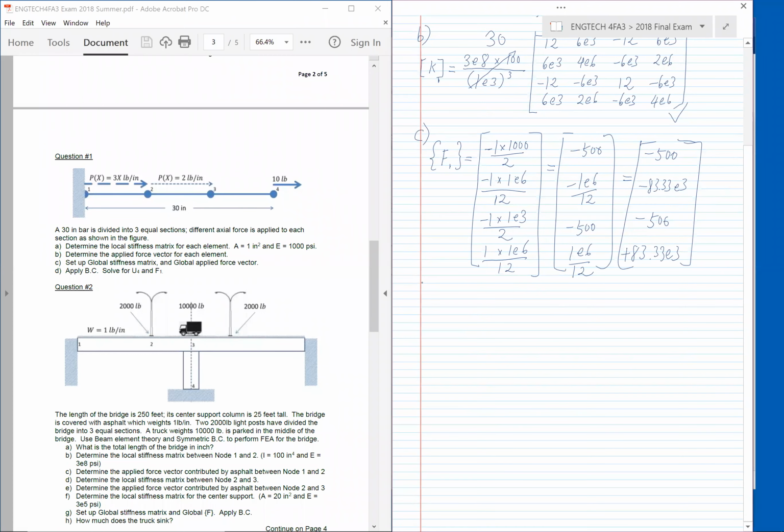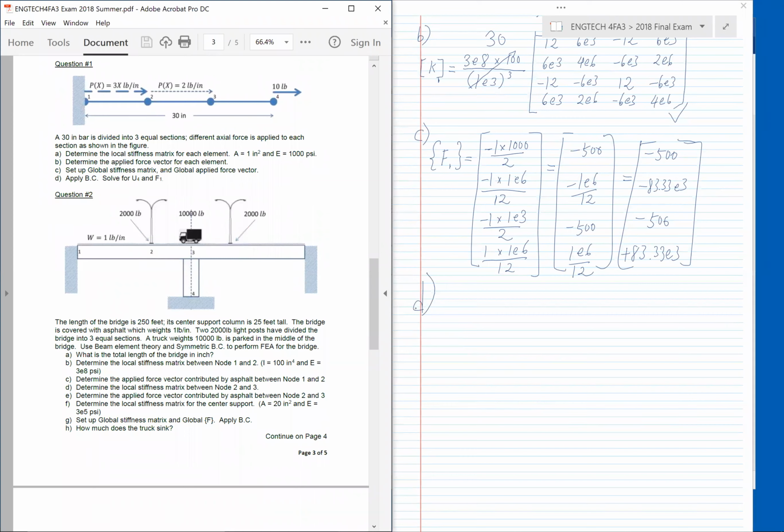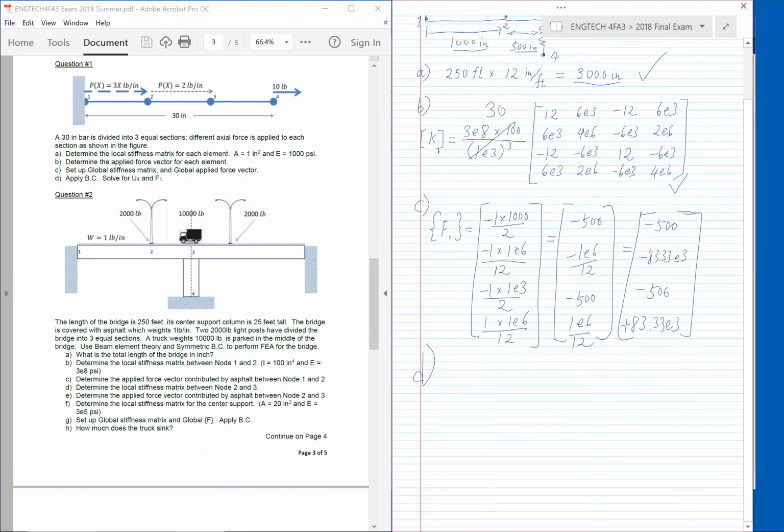All right, part D. Determine the local matrix between nodes 2 and 3. What is the difference between nodes 1 and 2 and nodes 2 and 3? The materials are the same. The only difference is it's shorter.